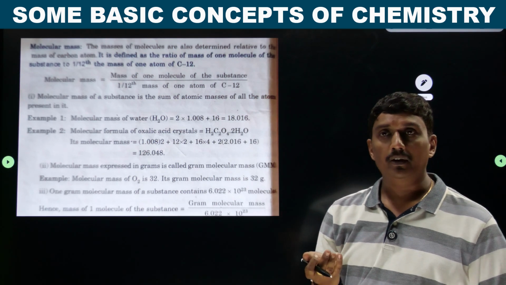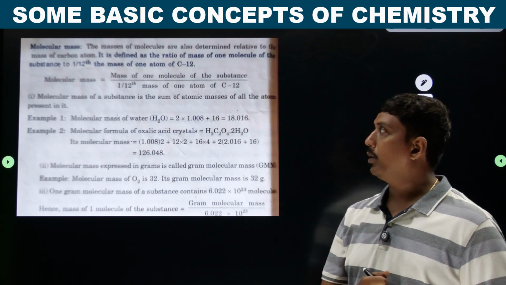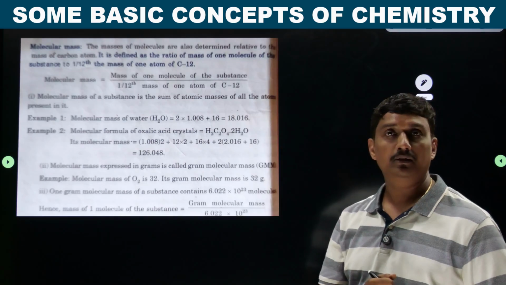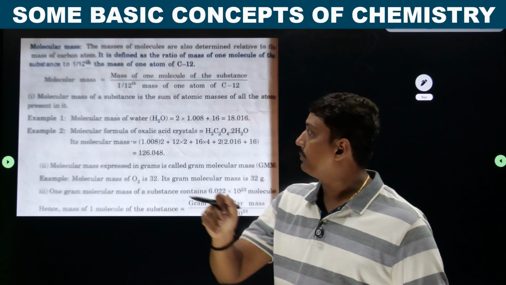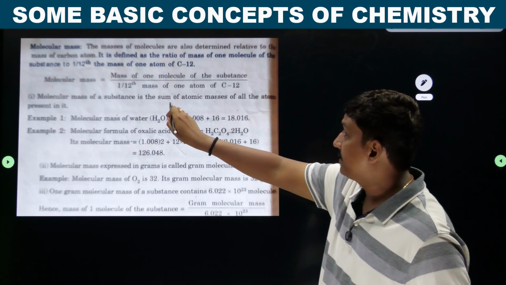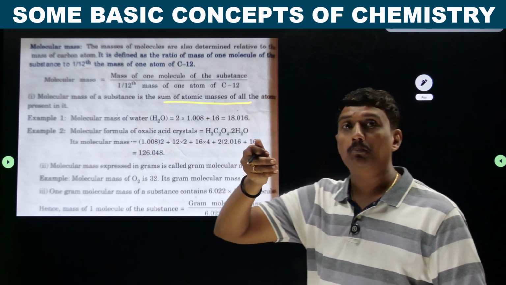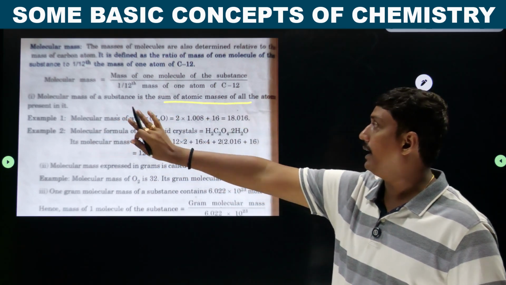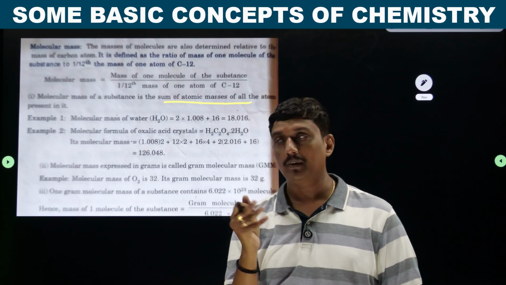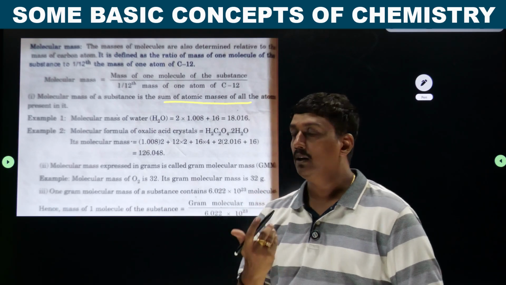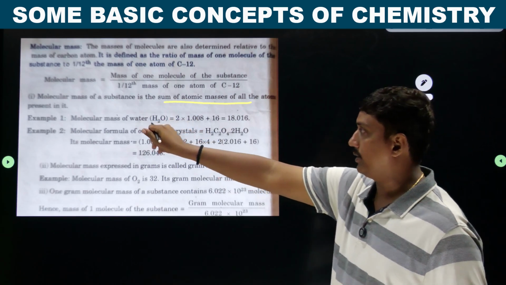In a simple way, how do we calculate the molecular mass of a substance? Molecular mass of a substance is the sum of atomic masses of all the atoms present in it. For example, take water.